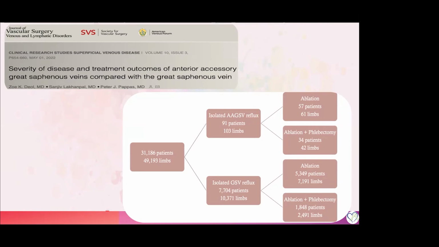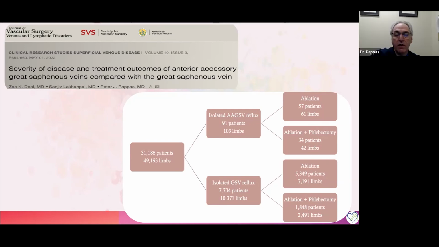So Peter, I agree that we are the only ones that separated it out. That's why I wanted to do this study, to isolate it. But if you have isolated AAGSV disease and you're getting those on a treatment plan, if you have Anthem, you have to ablate the GSV first and then come back. I'm aware of that, but that's why I thought our study was important, because we're trying to prove that that's a stupid policy.